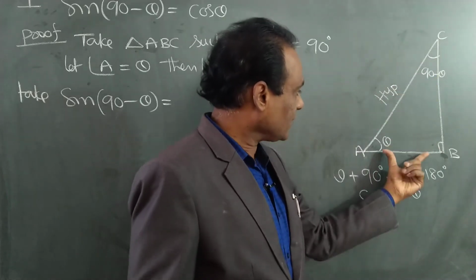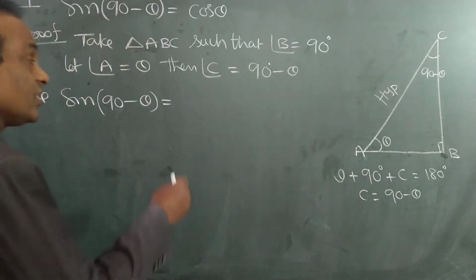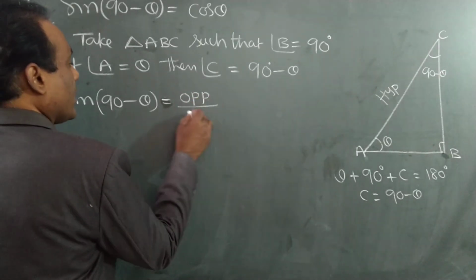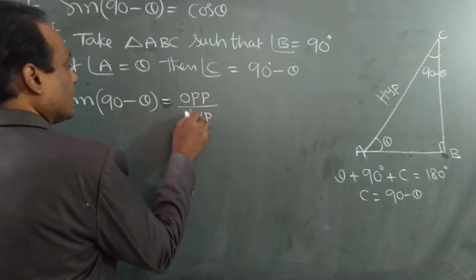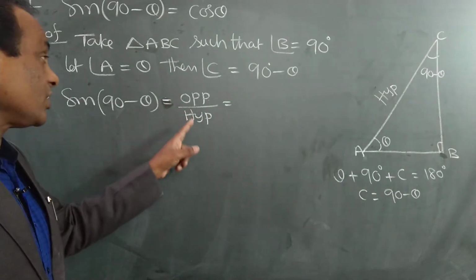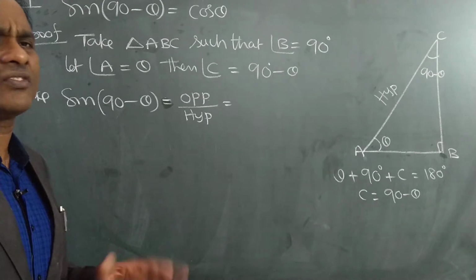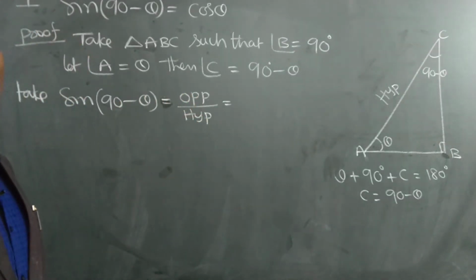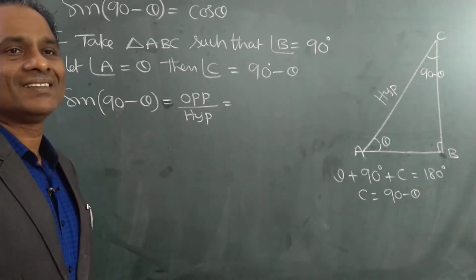For 90 minus theta, what is the sin definition? Just remember the definition: opposite by hypotenuse. The sine definition is opposite by hypotenuse. Opposite does not mean simply opposite. Opposite to what?